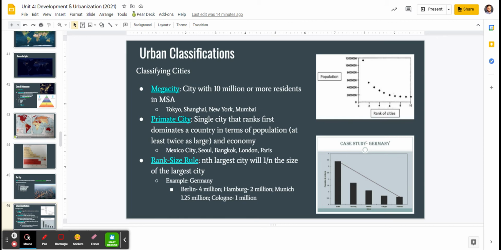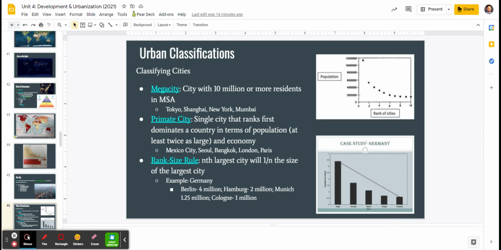Okay, so that's a primate city, but some countries don't have one single city that has way more population than others. We do notice in some countries, such as Germany, that they follow the rank size rule, where the largest city has a population of just over double the next city's population.